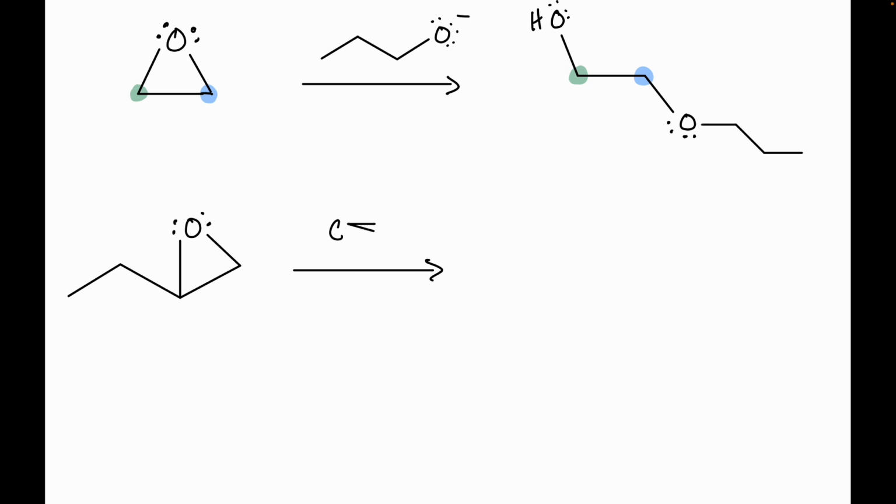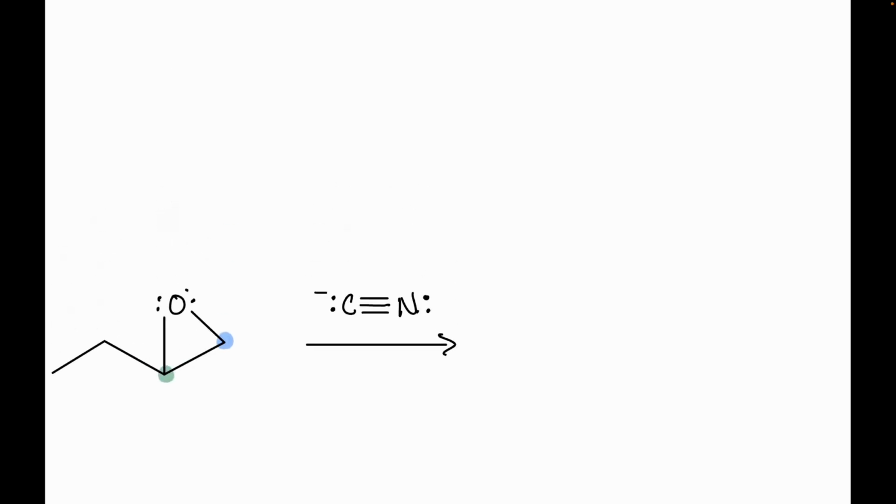Let's do that cyanide ion. Well, now if I color these two carbons, one of them blue and one of them green, I would get a different product depending on where I attached that nucleophile, right? So now we got two different options here.